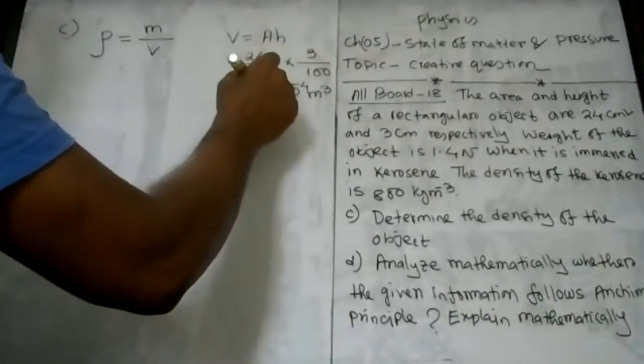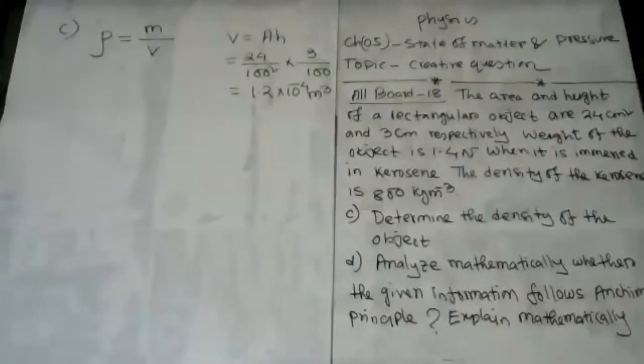Very good. Now, the next step, I'm going to find out the value of the mass of the body. Give me the idea, my dear student. How can I find out the mass of the body? What is the mass of the body, my dear student?